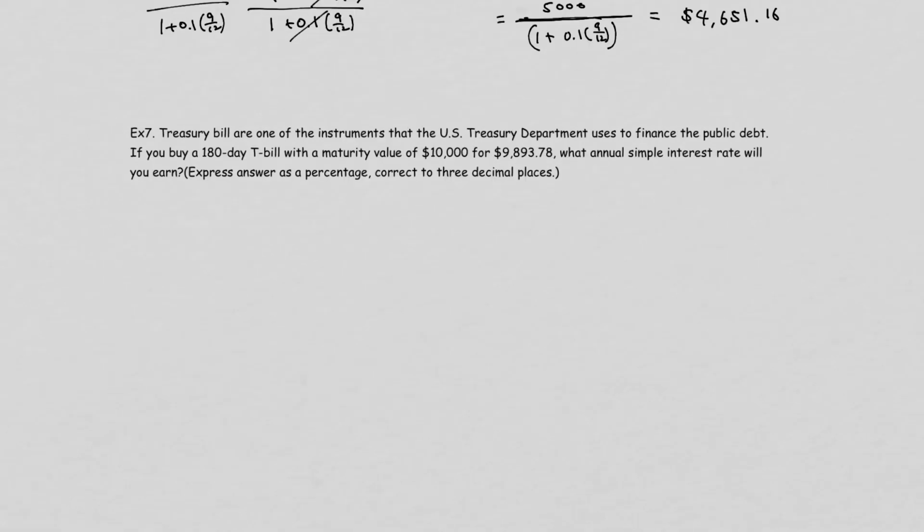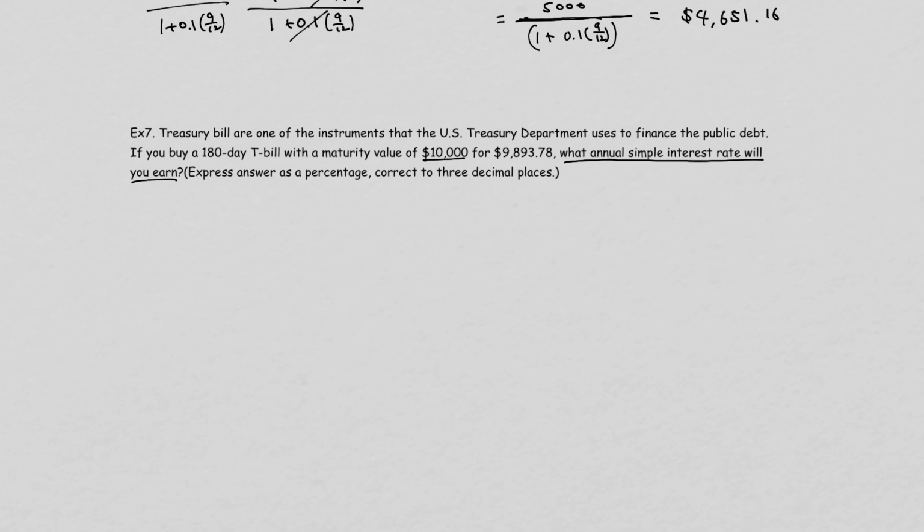Example 7, the last example. This time, they're not asking for the future value or the principal. They're asking for the rate. What annual simple interest rate will you earn? So what information do we have?